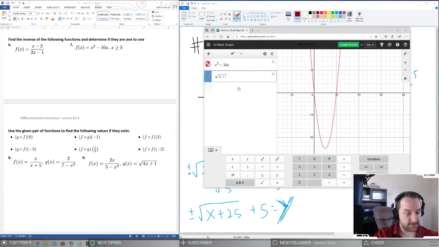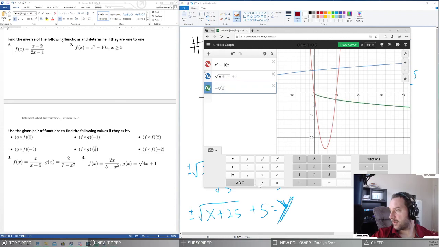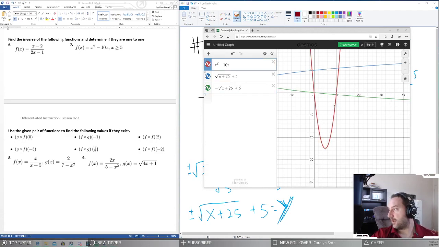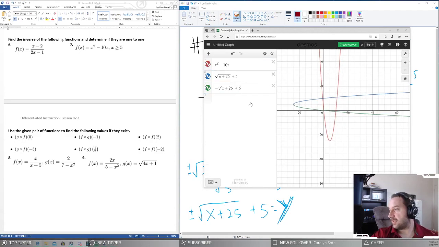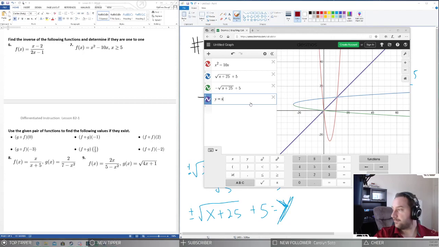So we have the square root of x plus 25 plus 5, and then the negative square root of x plus 25 plus 5. Okay, so just looking at this image, we can tell that these are inverses. They reflect over the line y equals x, so these are inverses of each other.